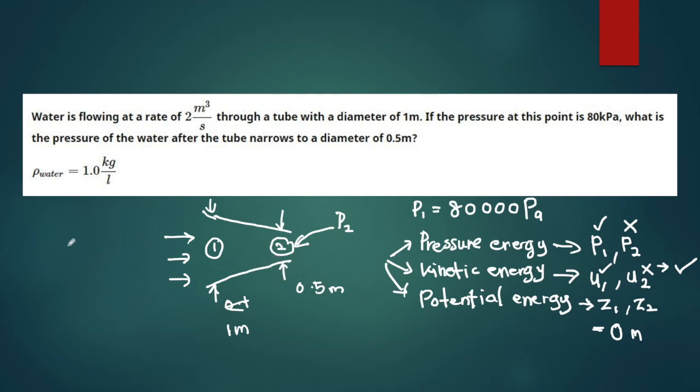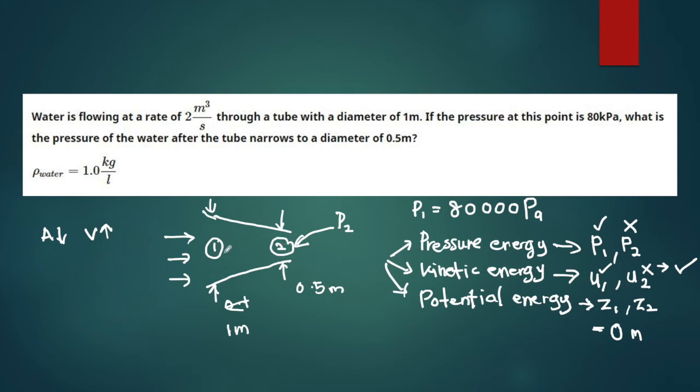So remember, when the area is reduced, velocity will increase. So here from 1 to 2, we know that point 2 will have a higher value of velocity compared to point number 1.